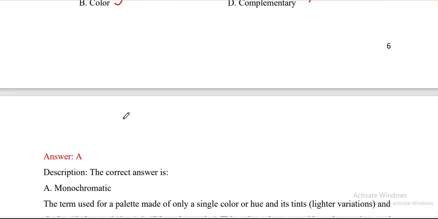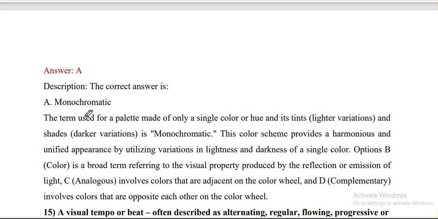The description of this one: the term used for a palette made of only a single color or hue, and its tints, or lighter variations, and shades, or darker variations, is monochromatic. These color schemes provide a harmonious and unified appearance by utilizing variations in lightness and darkness of a single color.